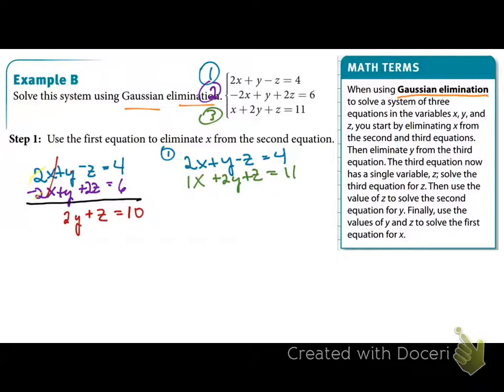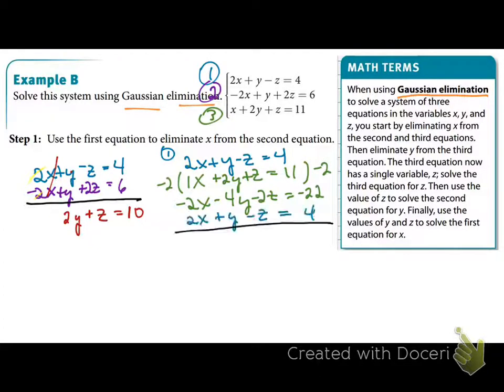If I multiply my third equation by a negative 2, that will give me the coefficient that I need to cancel. So distribute your negative 2 to everything here. Negative 2 times 1 would be negative 2x. Negative 2 times the 2y would be negative 4y. And negative 2 times z would be negative 2z, equal to 11 times negative 2 for a negative 22.